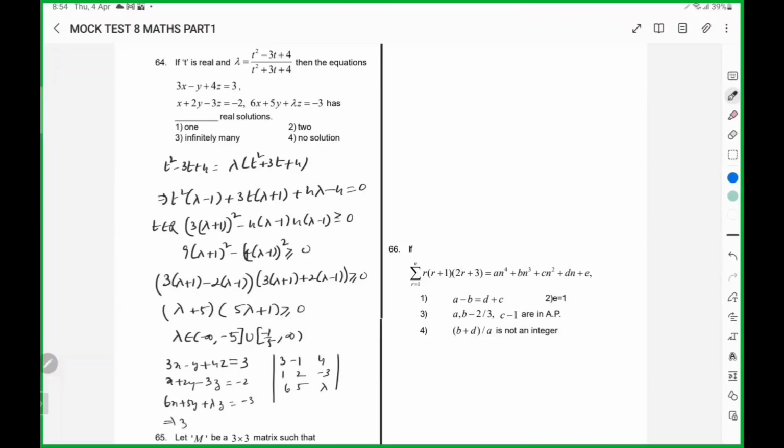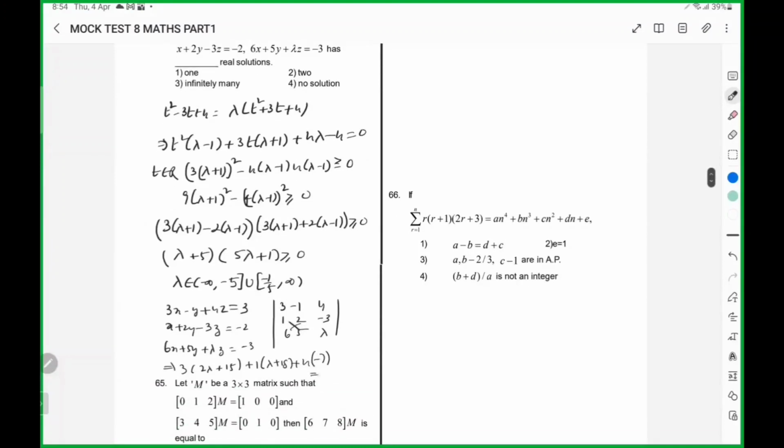So 3 into 2 lambda plus 3, minus 1 into lambda plus 18, plus 4 into 1 minus 12. 6 lambda plus 7 lambda, here it is 45 plus 15, 63 minus 28, 35.